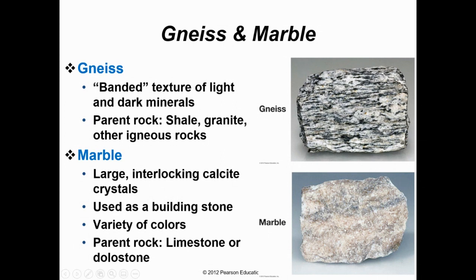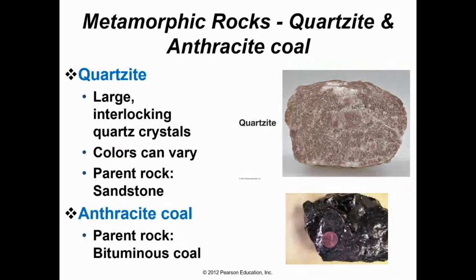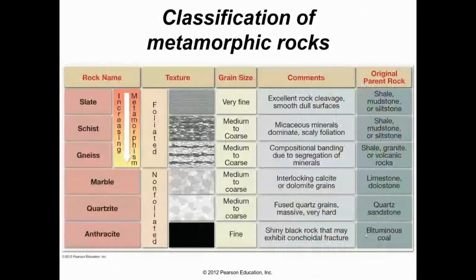Marble is basically metamorphosed limestone or dolostone. Quartzite is metamorphosed sandstone. And then anthracite coal, like I said before, is metamorphosed bituminous coal. Notice that it's got that really dark, shiny appearance. That comes as a result of metamorphism.